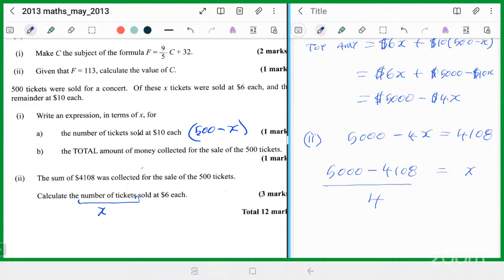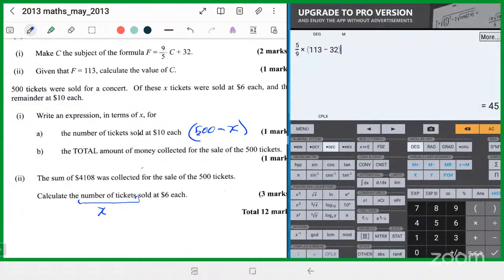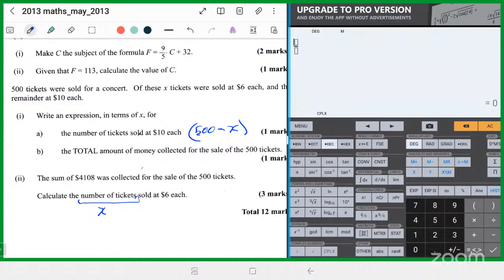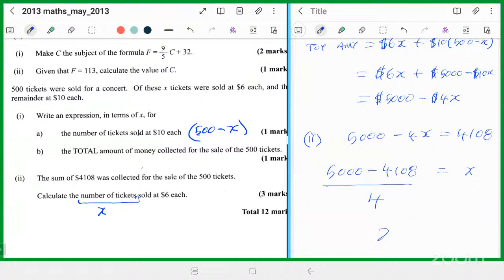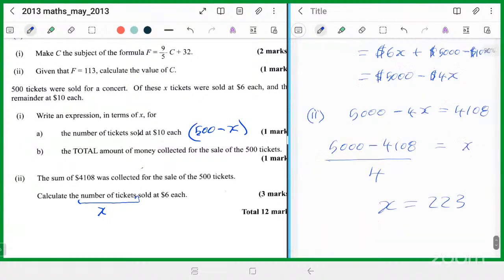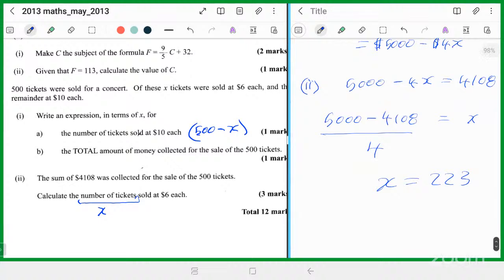That gives you 5,000 minus 4,108, all divided by 4, which equals 223. So X is 223.